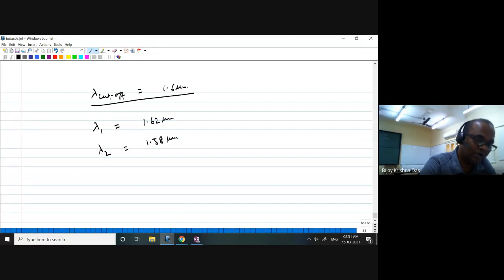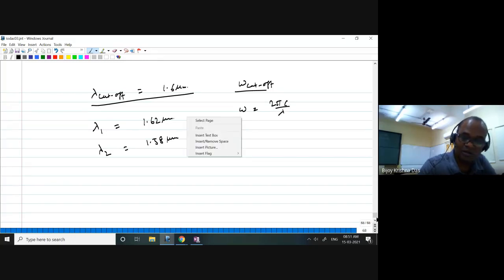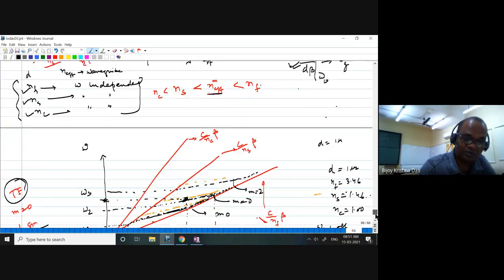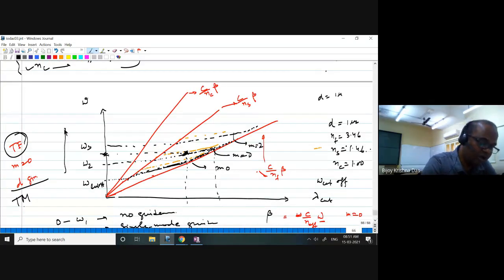You see, lambda cutoff corresponds to omega cutoff. That means omega cutoff is the lower cutoff frequency. I know omega is 2 pi c by lambda, right? In this direction omega is increasing, but lambda is increasing in the other direction.